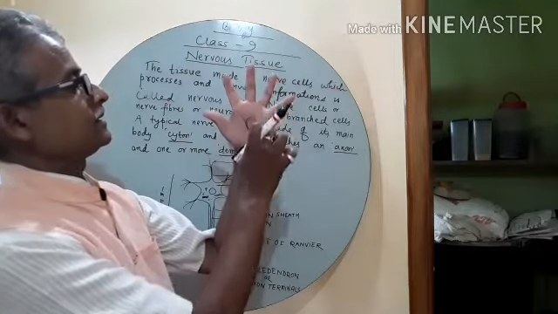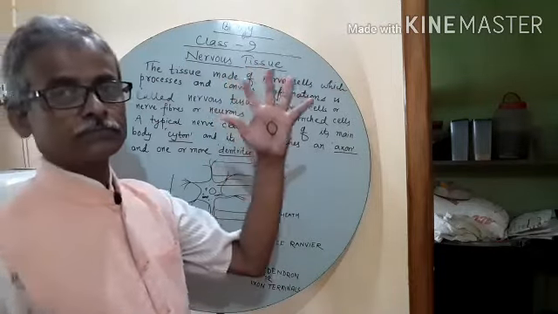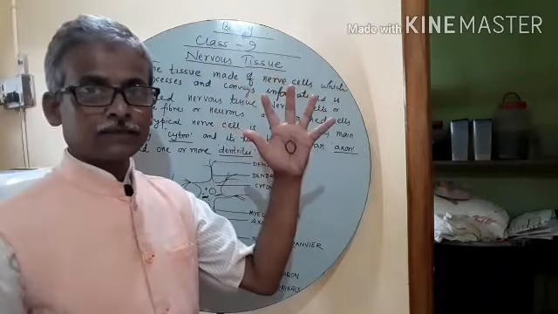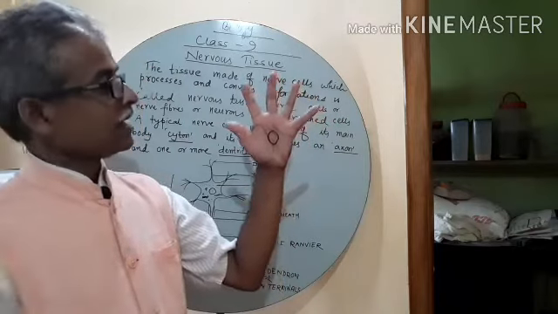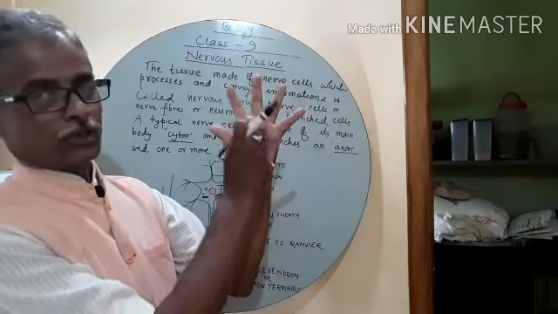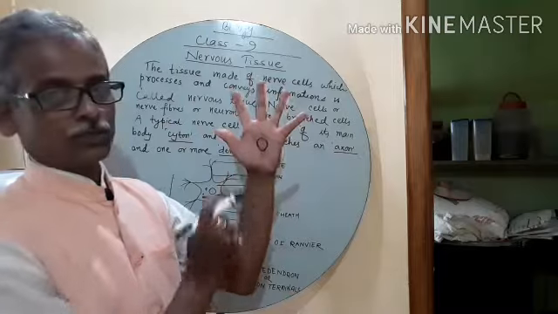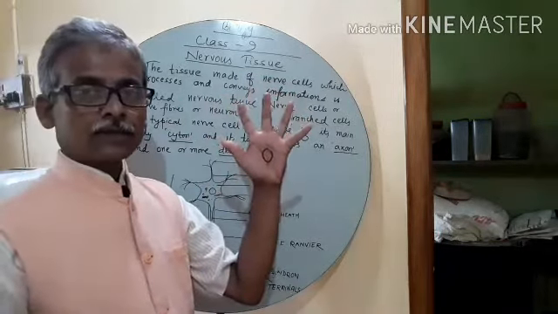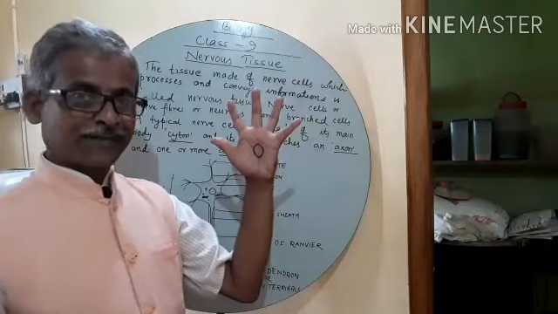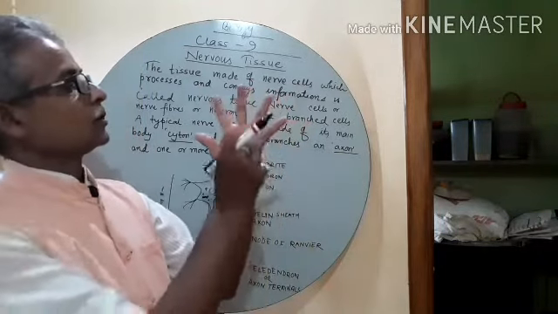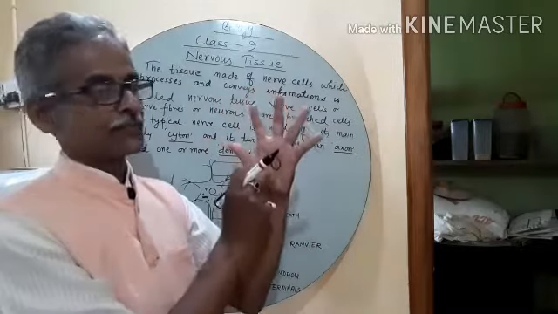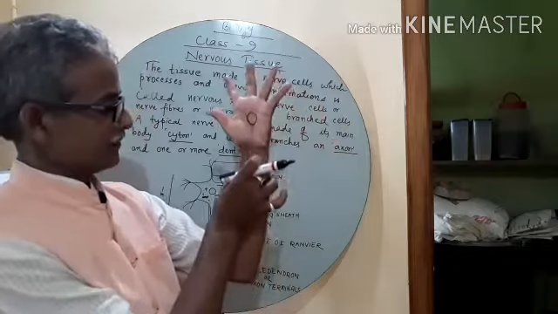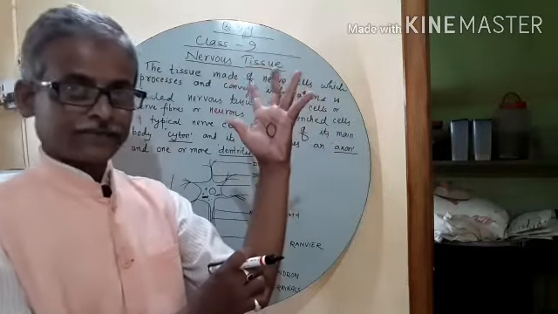This is just like the main body of the nerve cell, that is called cyton. This is its nucleus. These fingers are the branches known as dendrons. Their sub-branches are called dendrites, and this main branch is known as axon.